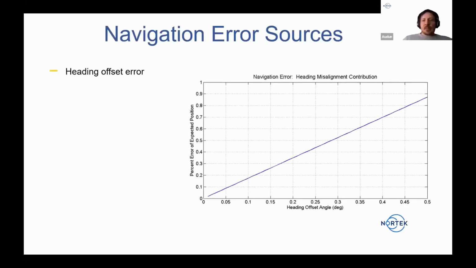Now we want to look at some of the other sources of navigation errors, just to put things into a little bit of perspective. So a heading offset, for instance, just to get a sense of how important the heading sensor really is in navigation. Let's say that I have a mounting offset, just for simplicity, on the heading sensor.